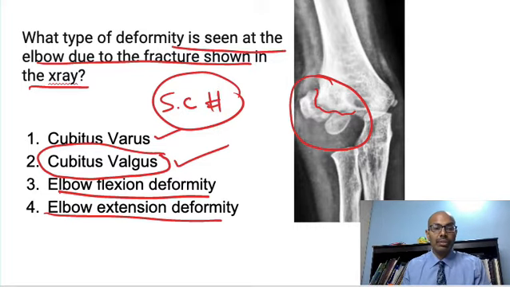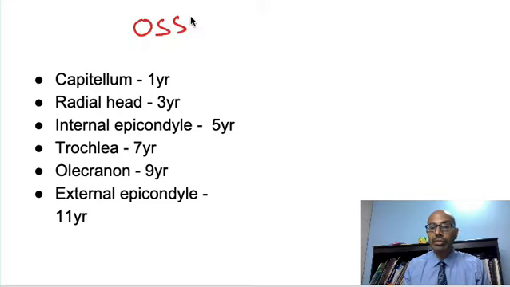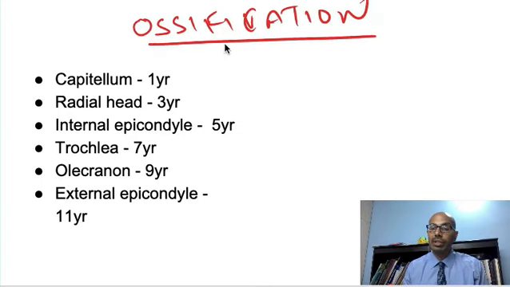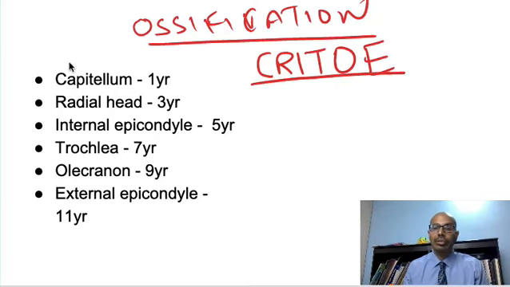Coming to a couple of important key things regarding this MCQ, you should all know the appearance of the ossification centers. The sequence in which they appear is a very important question, very frequently asked, so you must know this. What is the abbreviation and mnemonic to remember it? It's called CRITOE.